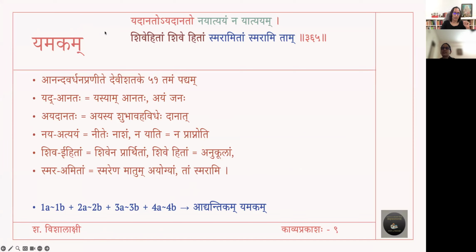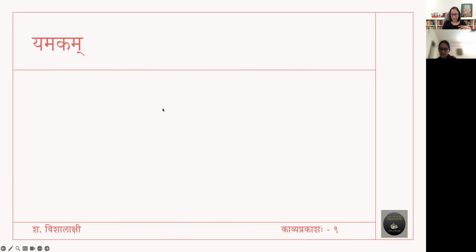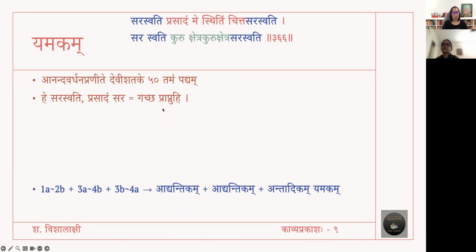You split it into 2, 3 or 4 parts, depending on which portion, Adi, Antam, whichever can be matching. In the first example, within the first padam itself, the first part matches with the second part. In the second example, we saw the first part matching with the second, 1A with 2B.